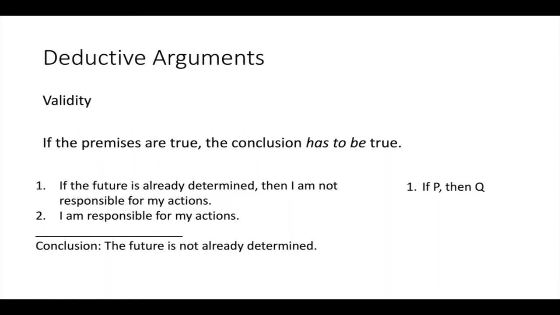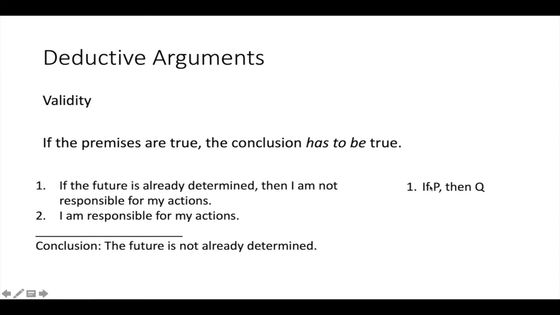So can you think of the second premise and the conclusion? How would we symbolize those over here in our symbolization? Note this one's a little trickier than it might seem at first.